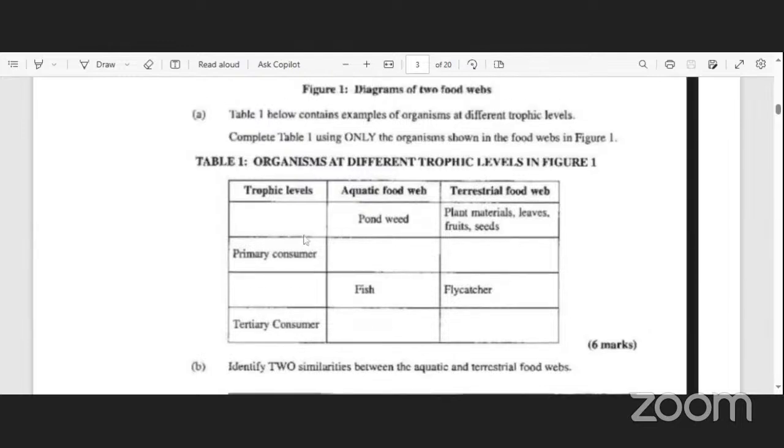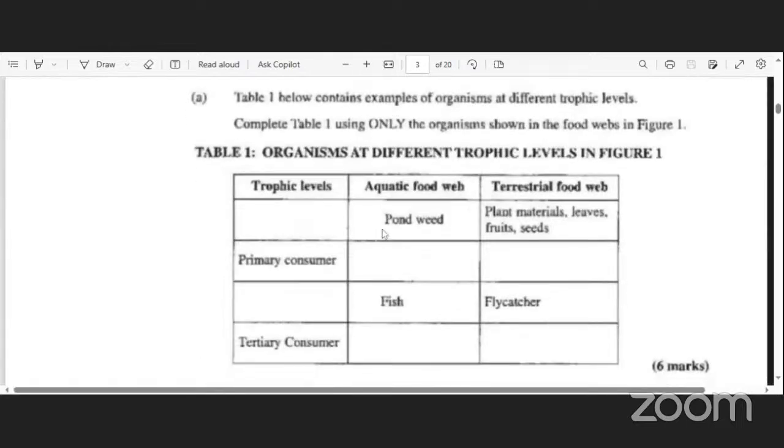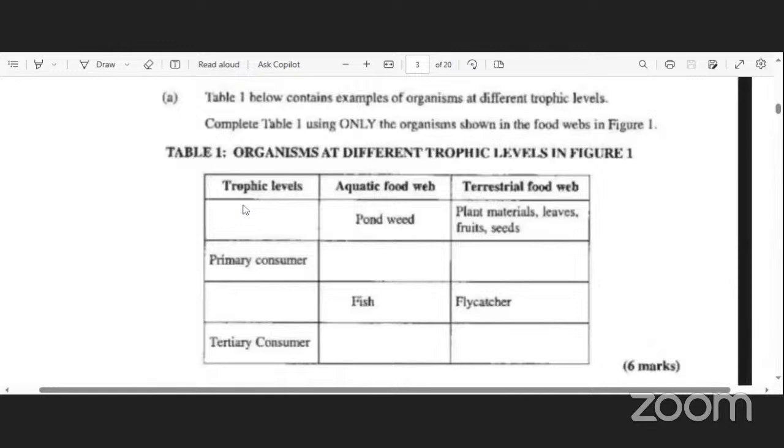The first area of the table, for the trophic level, is blank. From the aquatic food web, we have pondweed. From the terrestrial food web, we have plant materials, leaves, fruits, and seeds. So for this trophic level that is blank, what should we put here?